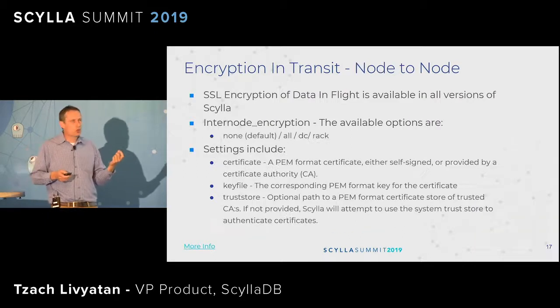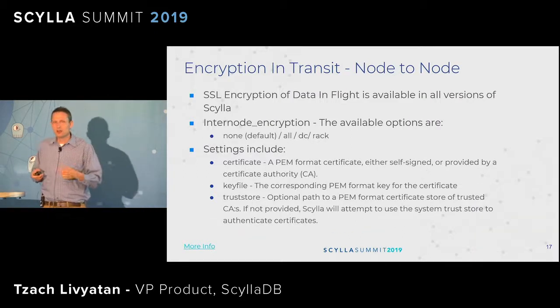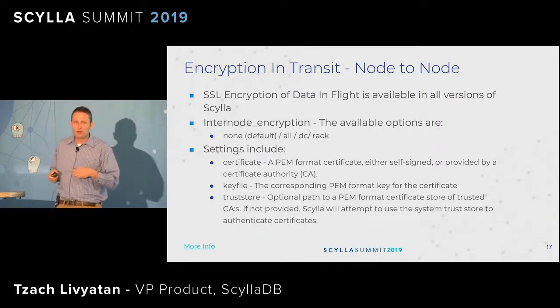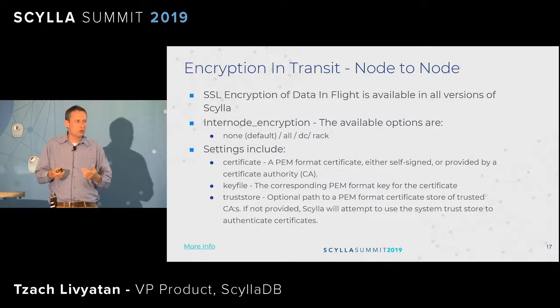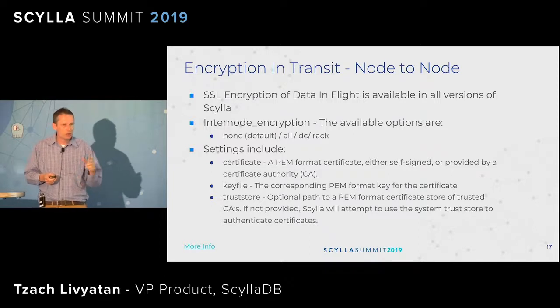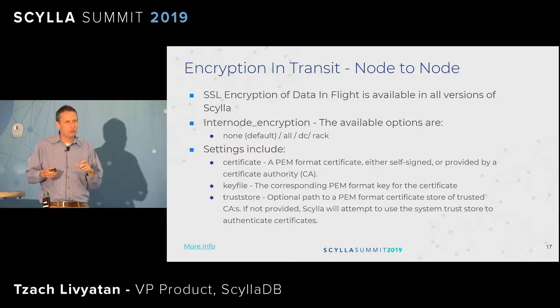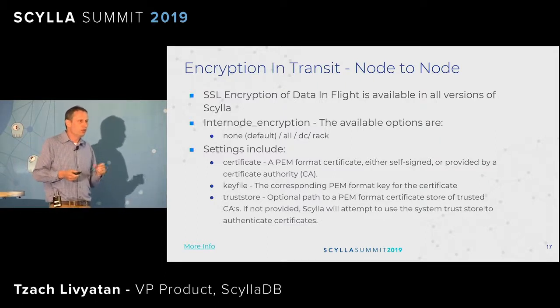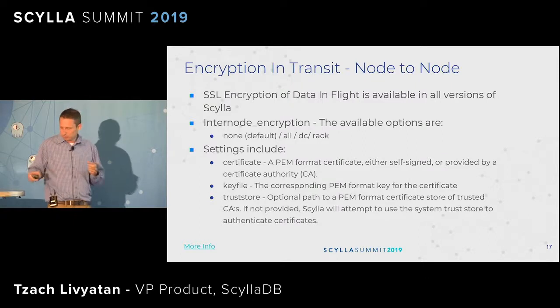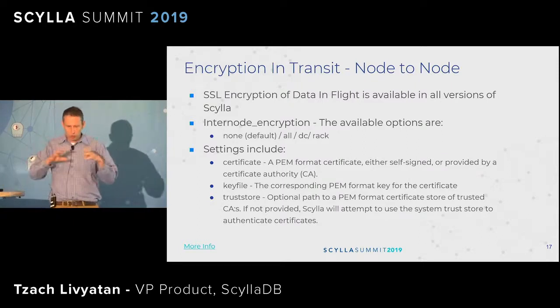Very similar is encryption between the nodes. Since Scylla is a distributed database, everything that you send to one node is usually replicated to other nodes, and that includes sensitive user information. The format will be slightly different, but the principle is the same. It may include sensitive information. You can define encryption in transit either between all the nodes or just between data centers or regions or just between racks.